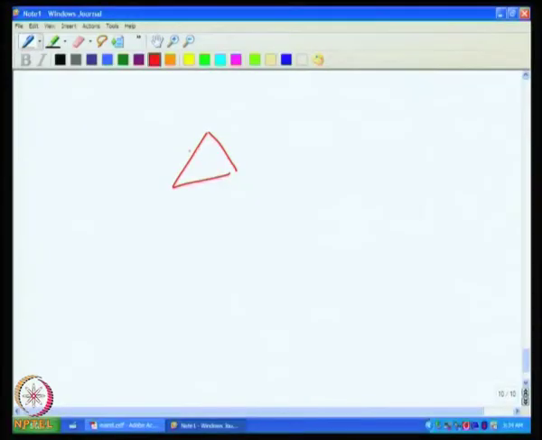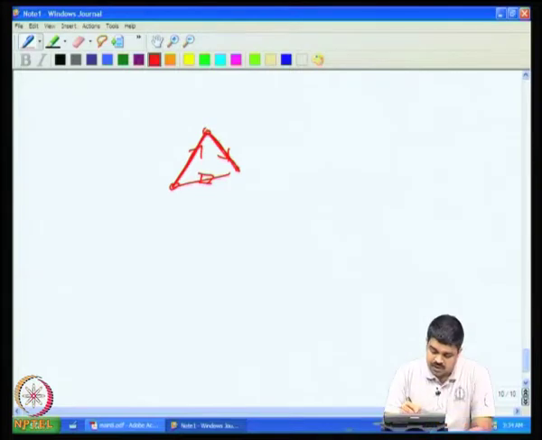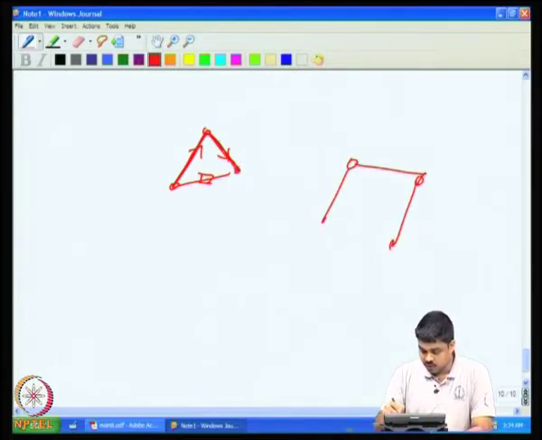Is it possible? For instance, you may want to try orienting a triangle. Unfortunately, whichever way you orient your triangle, you will end up with a Hamiltonian path, this way or this way. But then a triangle is quite small. You can take K4 and try.